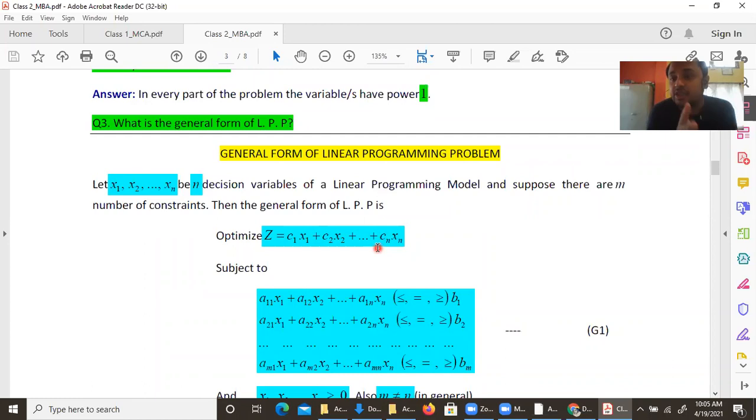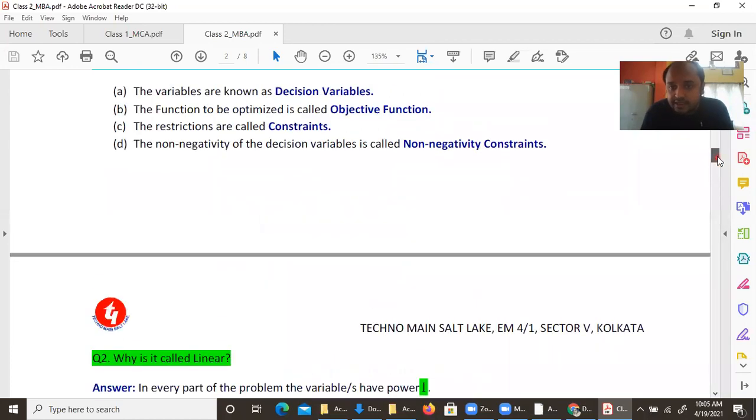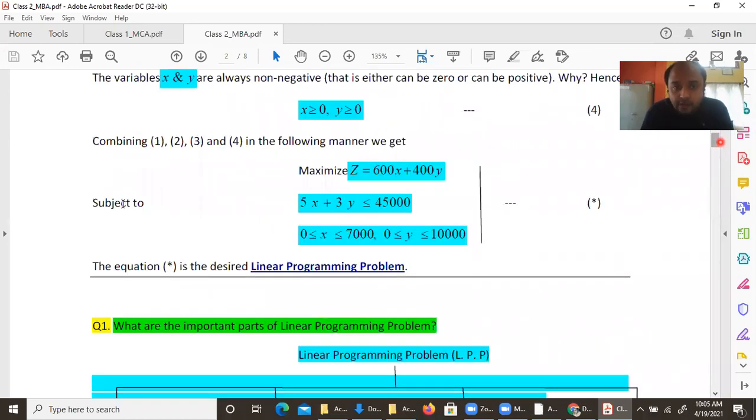Since it is a general case, I have not used the word maximize or minimize. I have used the word optimize, because optimize is the general word for both maximizing and minimizing. What was the next part I considered in the previous case? I wrote the words subject to. Often people forget to mention this. You shouldn't.